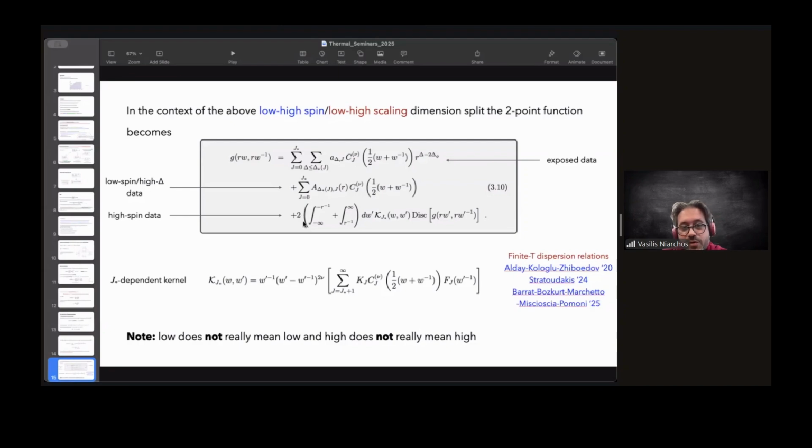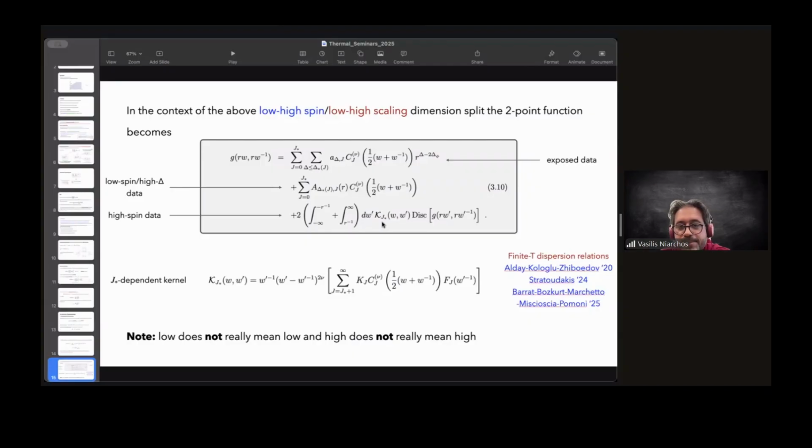And then I have all the contributions that have J greater than J star, and then you can use a dispersion relation to express them in terms of the discontinuity of the function in W. So the analytic structure of the 2-point function is such that when we analytically continue on W, there's a branch cut starting at R to the power -1 to plus infinity, and from minus infinity to minus R to the power -1.